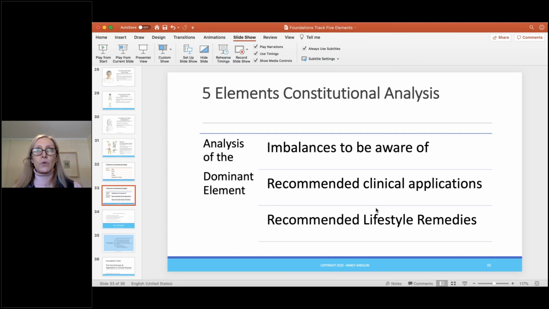And then you want to make sure that even if you move forward into a Zong Fu pattern diagnosis and then an assessment, don't forget the constitutional piece, because this part can be really groundbreaking. It can really move your case. Or if you do the Zong Fu and you get the pattern and you start working and you're not getting the movement that you want, back up to your notes on 5 elements to get the clinical outcomes that you want.